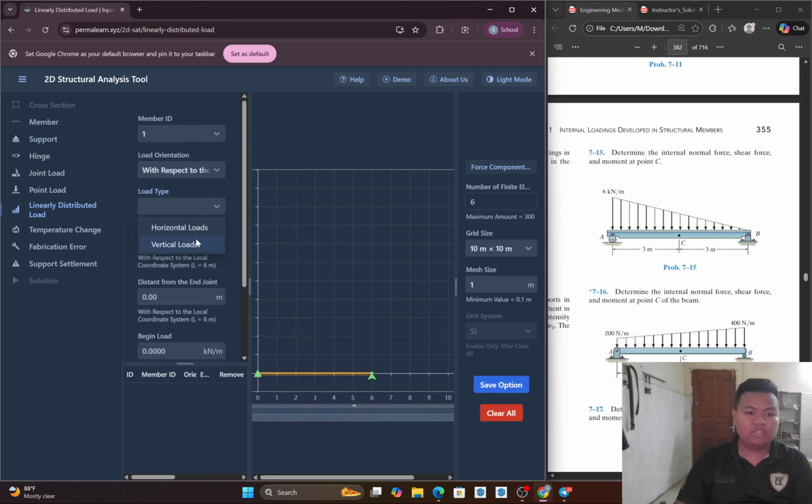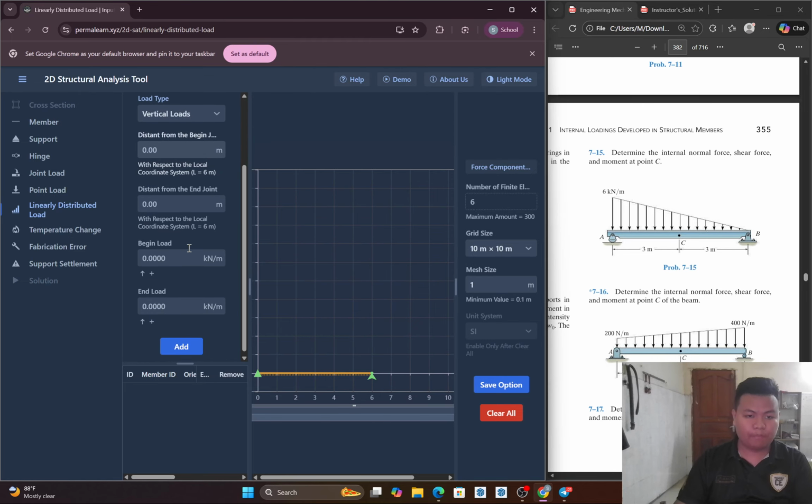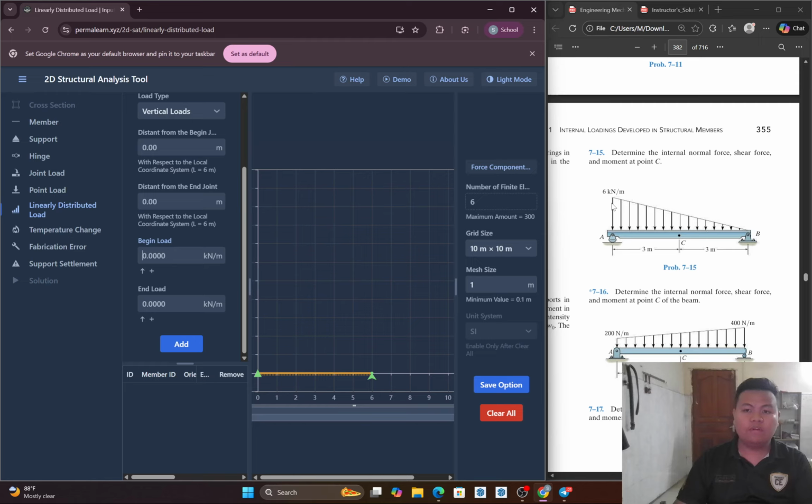The load is a vertical load and it starts from 6 kilonewton, but since the force is moving downward, we have to make it negative 6 kilonewton, and it ends at 0, so I put 0 and click add. Now you have added all the data of the exercise to PermaLearn. So now let's move to the solution altogether.